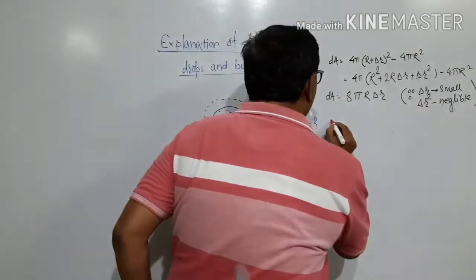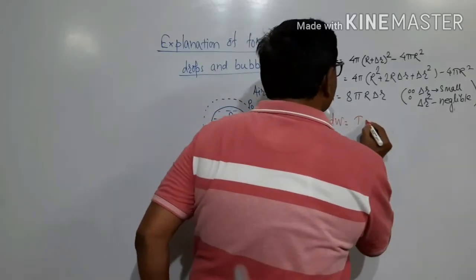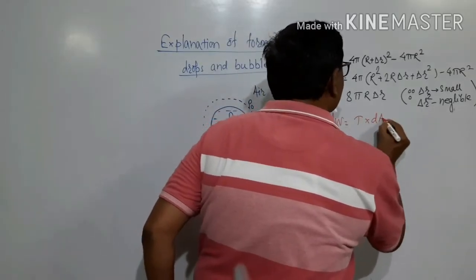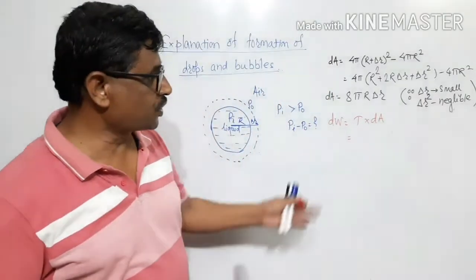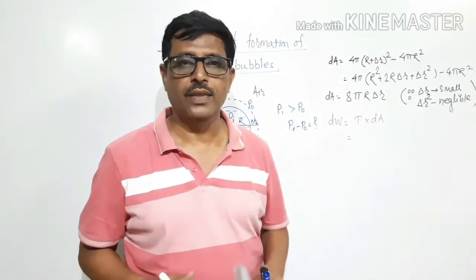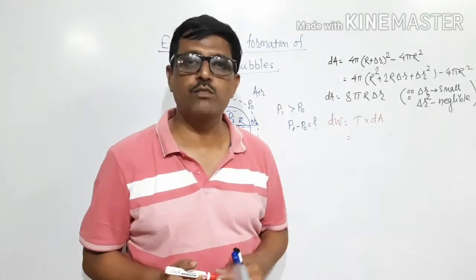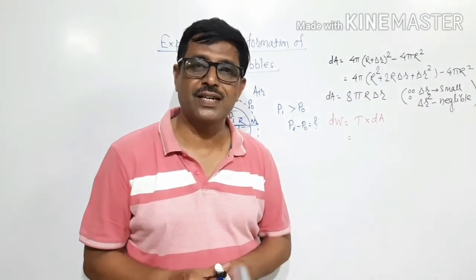Therefore, work done to increase the surface area by dA is given by T into dA. This is one more relation that we have got already: work done in terms of surface tension, the relation between surface tension and surface energy.